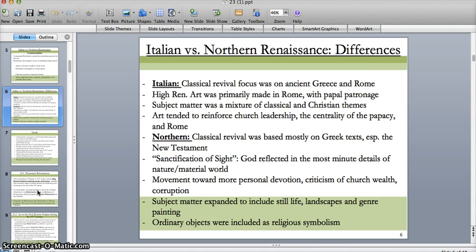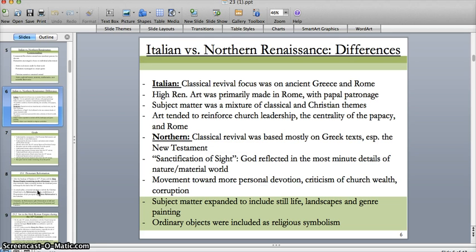Whereas in the Northern Renaissance, you still see ancient Greece and Rome influence, but their work is more based on Greek texts, especially the New Testament, especially the book of Revelations. Because remember, I mentioned in the year 1500, people see signs of the apocalypse and think that the world could possibly be ending. And so we see this theme of the quest for salvation appear in the art. Okay?